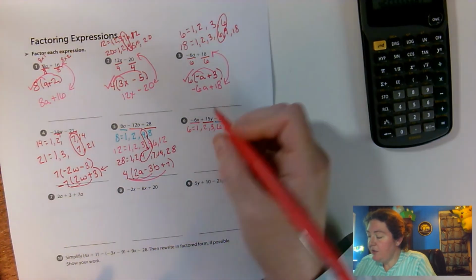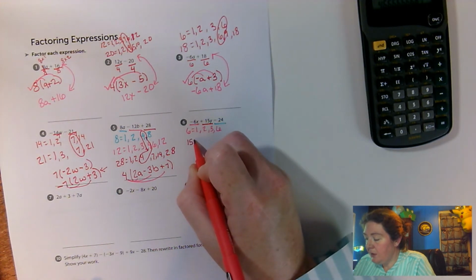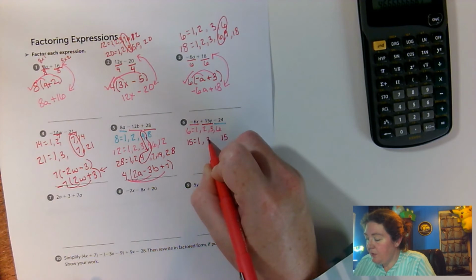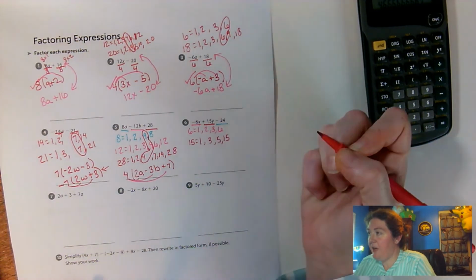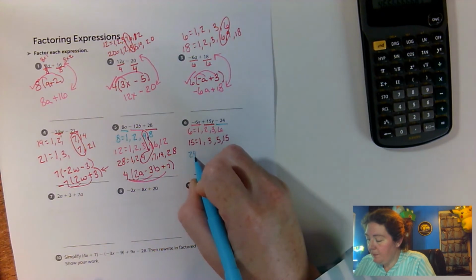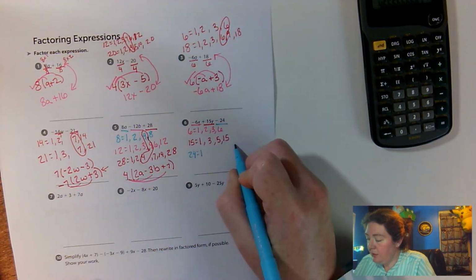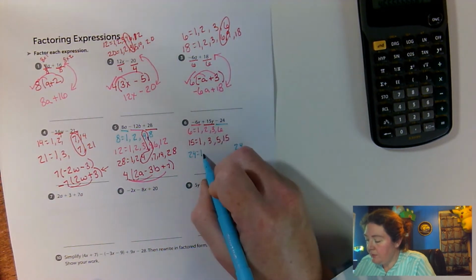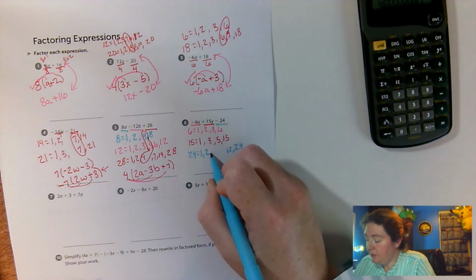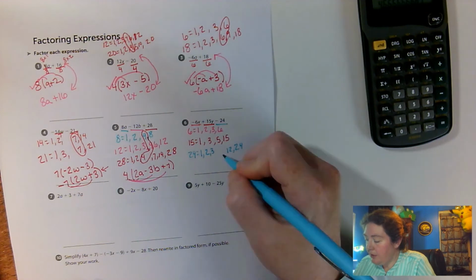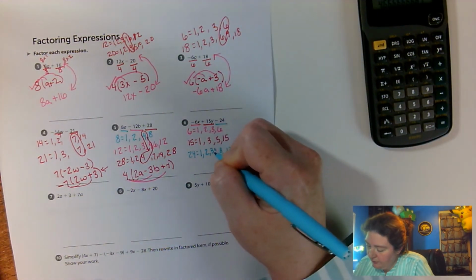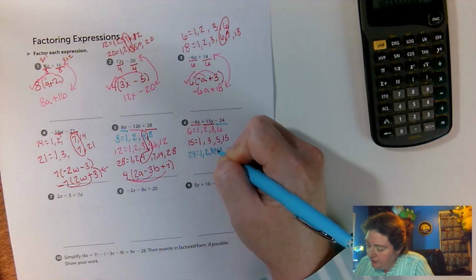My factors of 15, 1, 15, 3, and 5. For 24, 1, 24, 2, 12, 3, 8, 4, and 6.